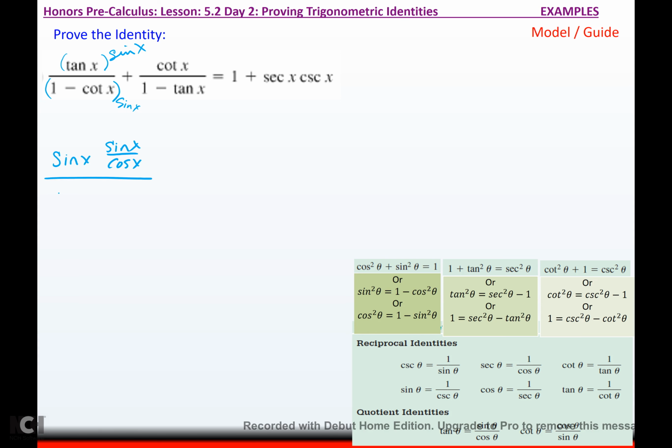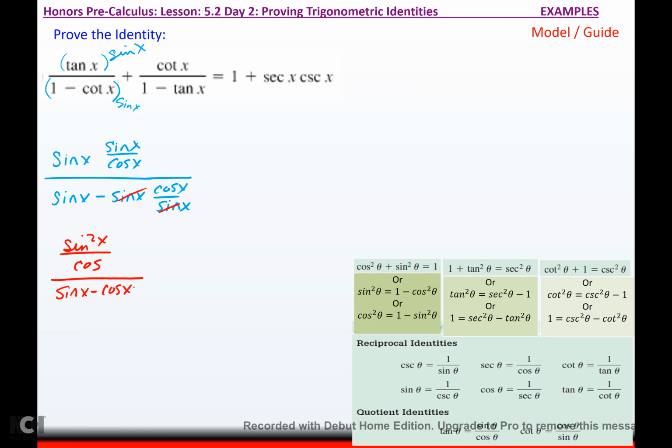And on the bottom, I'm going to have sine x minus sine x times cosine x over sine x. So if I simplify that mess, the top becomes sine squared x over cosine x, and the bottom becomes sine x minus cosine x.